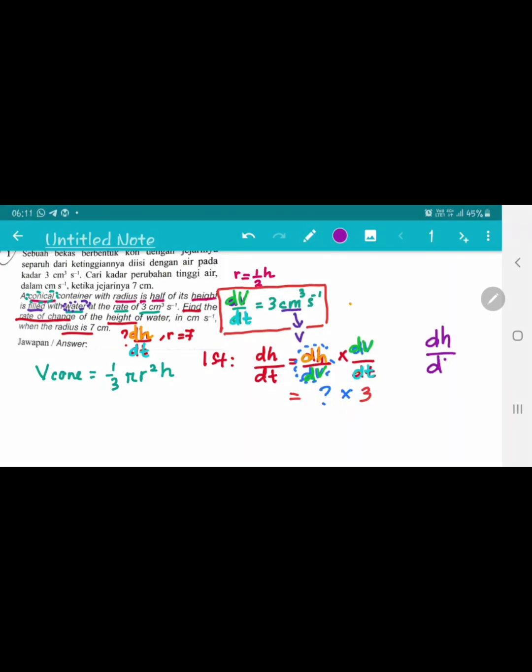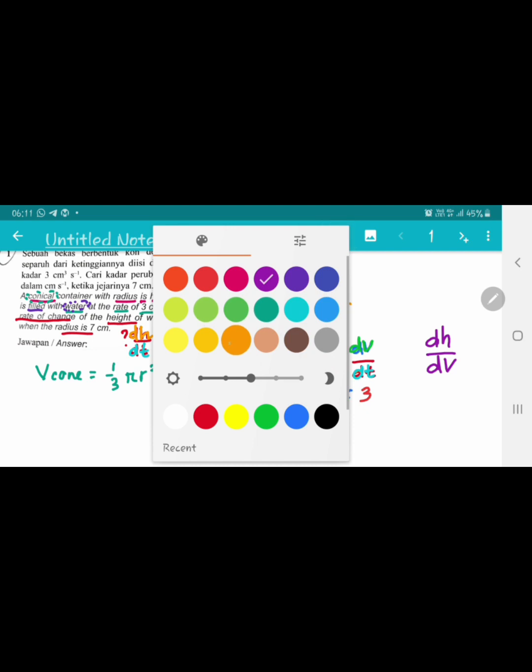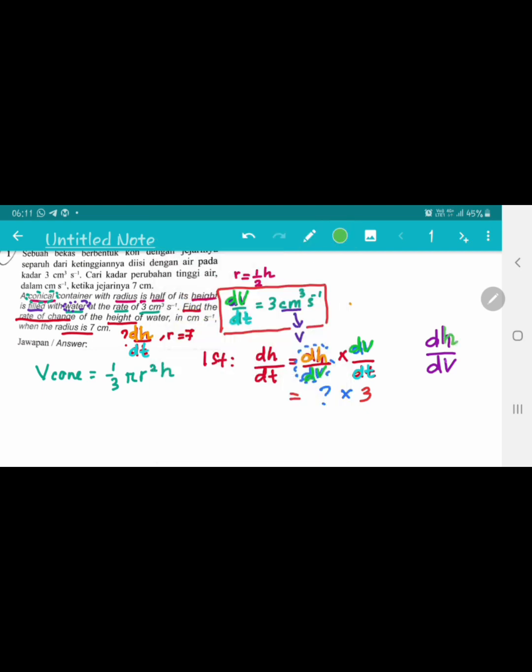In this case we want dH/dV. So we understand we need V in terms of H, since we have a cone here and of course we have volume. So we need an equation of V in terms of H. That's why we use the volume of cone formula.